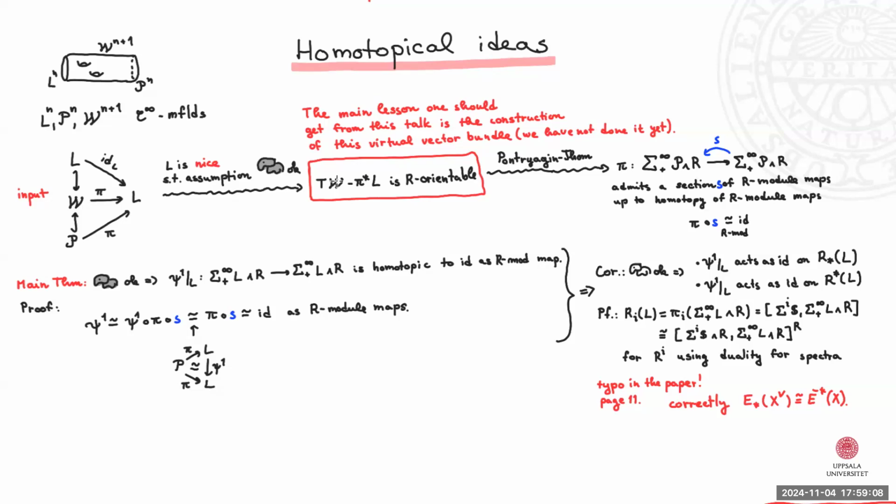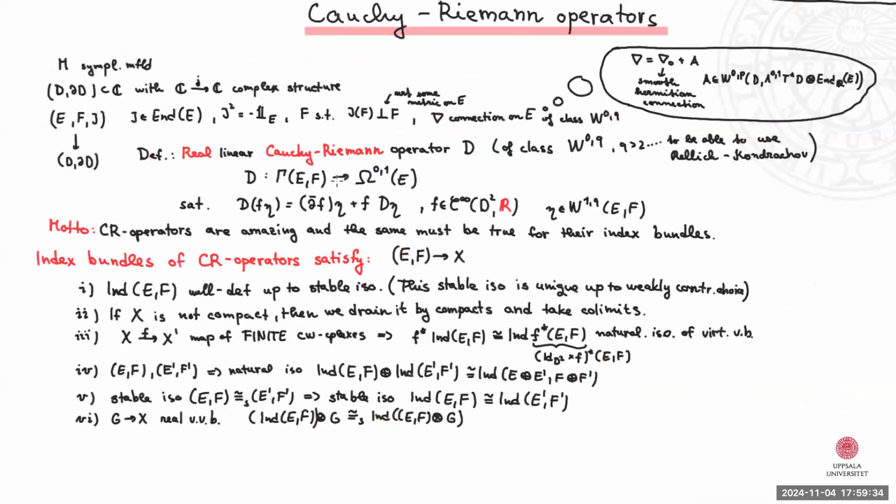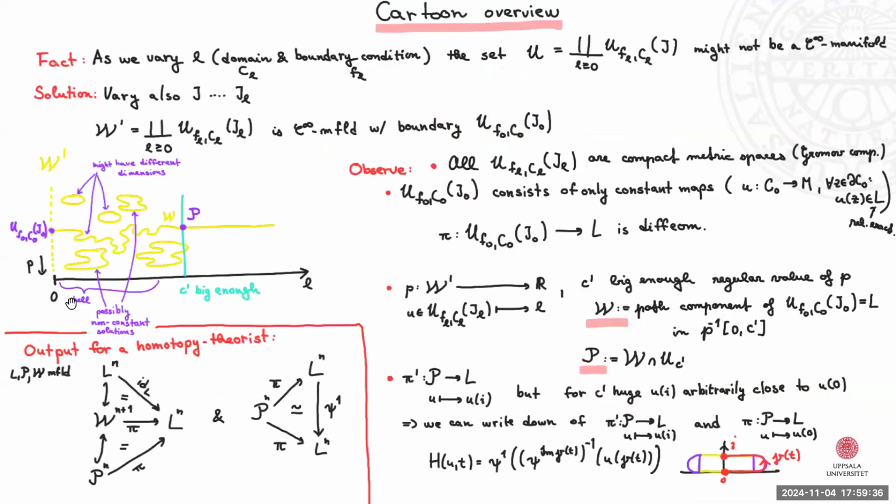So the tangent space of W is the index bundle of the parametrized family of your Cauchy-Riemann operators over the disk, plus R, which is this extra dimension that you're taking, because you had to somehow wiggle the almost complex structure.